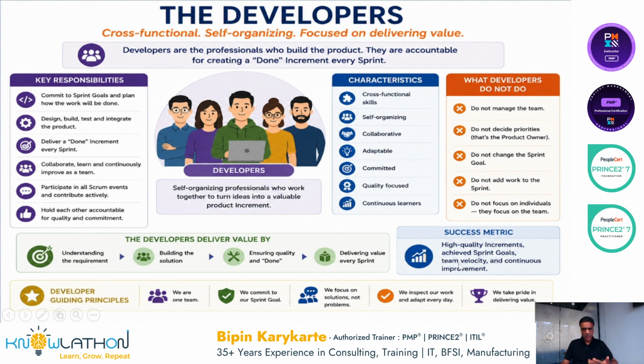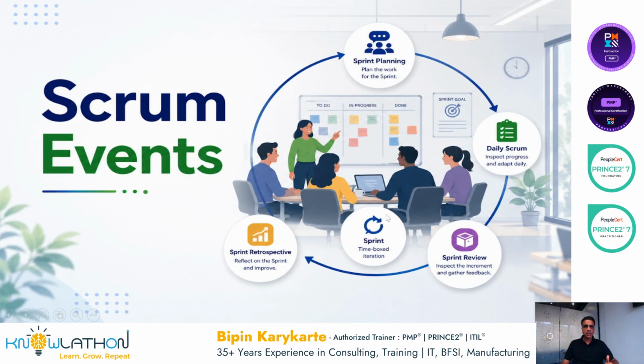We'll see that in one of the upcoming slides. So how good they are at implementing a continuous improvement environment. So these are the three roles: the Scrum Master, the product owner, and the Scrum team. This is as far as the people part of Scrum is concerned.